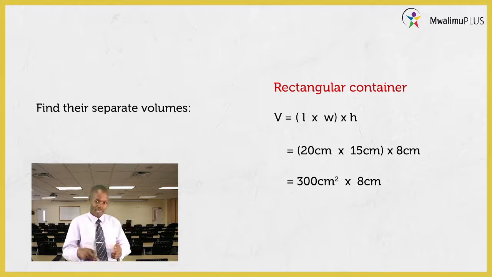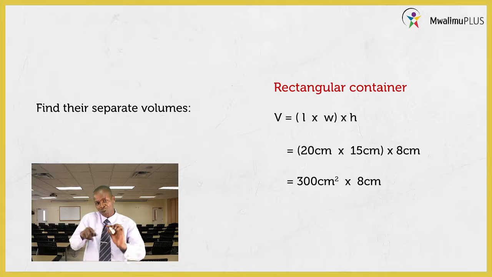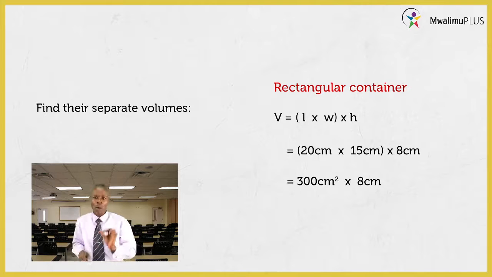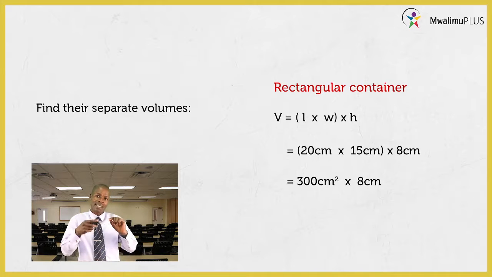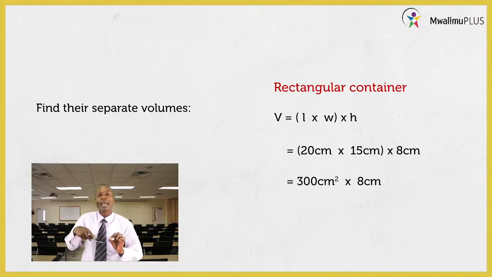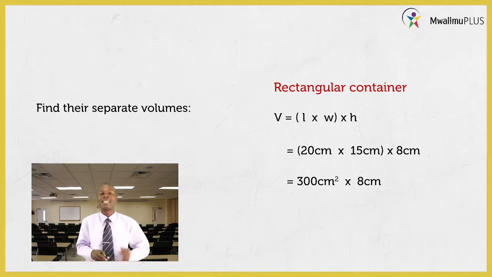So on this very particular side of the column, we had 20 centimeters. Then where we have the rows, exactly that is where we have the 15 centimeters. And then along where we normally have the layers, that is where we have our height.